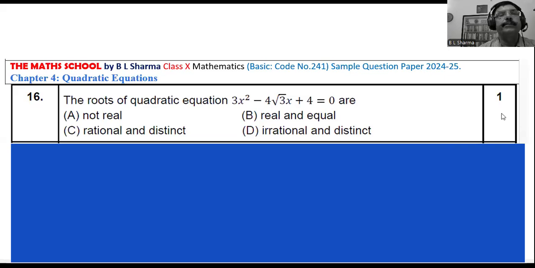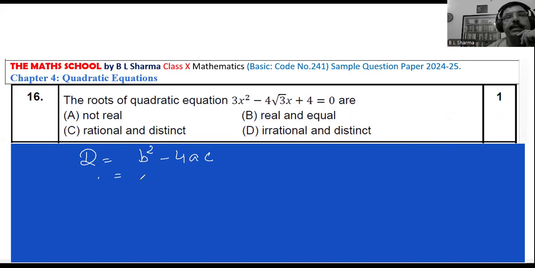The question is, the roots of the quadratic equation 3x square minus 4 root 3x plus 4 are real, not real, or equal? For this we check the discriminant. Discriminant means b square minus 4ac.